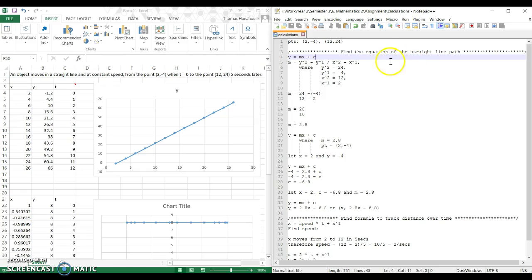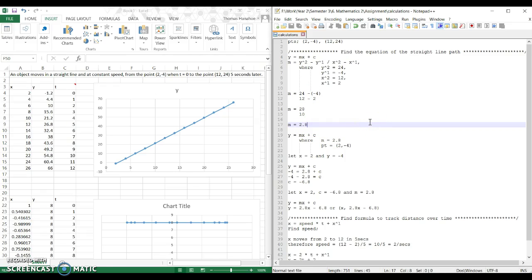I did this using the slope formula, which is y2 minus y1 all divided by x2 minus x1. This is where y2, y1, x2 and x1 are the values in the points. So using that formula I got the answer 2.8 here.